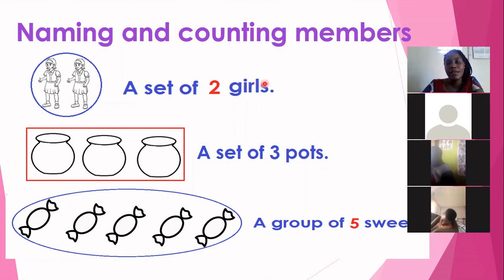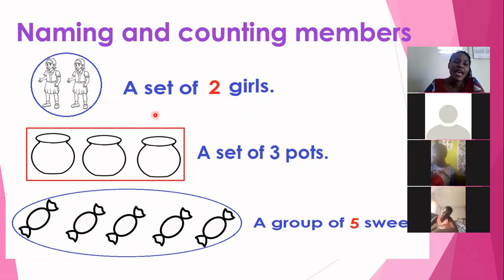G-I-R-L-S. The word is girls. So we name it as a set of 2 girls. We counted first, then after counting, we wrote the name. Hope my learners are following.